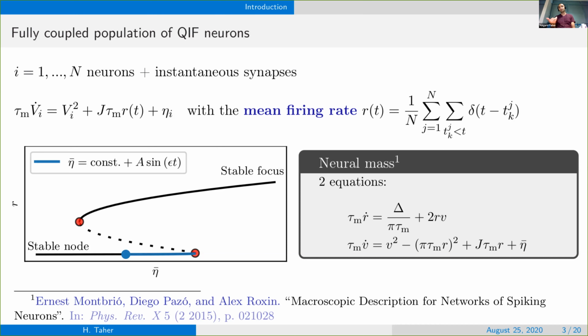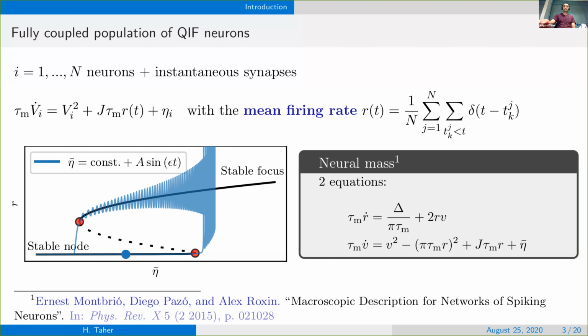At some point, if we go further to the right, there's no other option than to approach the stable focus. So we go up. Since it's a focus, we will get oscillations. We approach the focus more and more with these fast oscillations and follow the stable focus branch, and at some point jump down again to the stable node, such that we generate this bursting limit cycle.